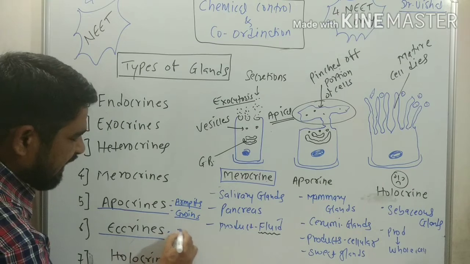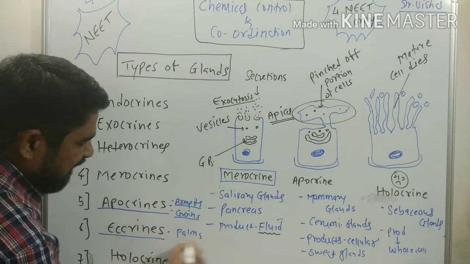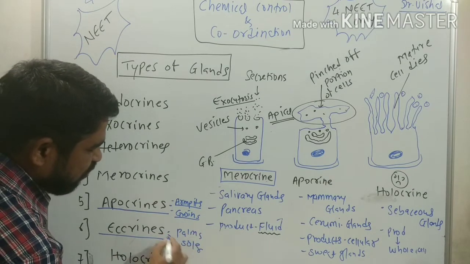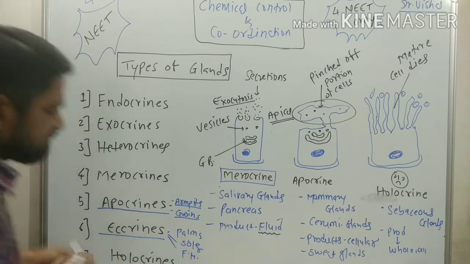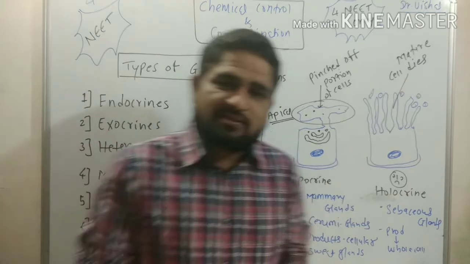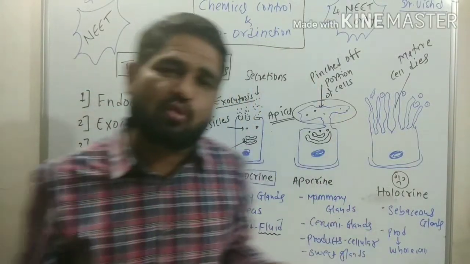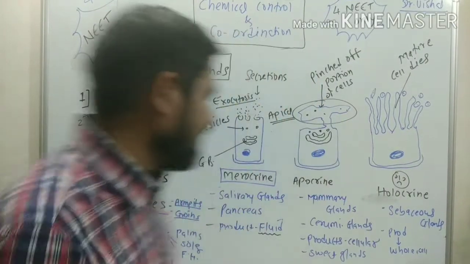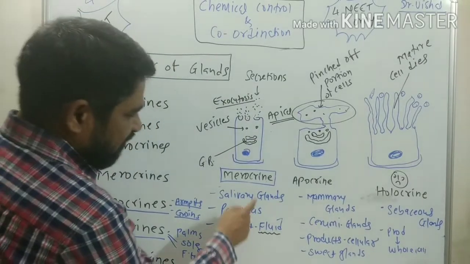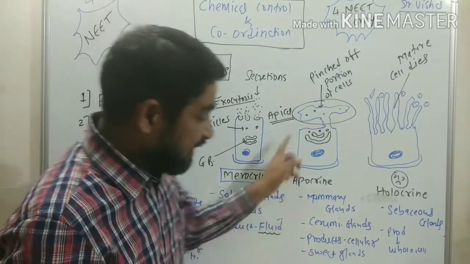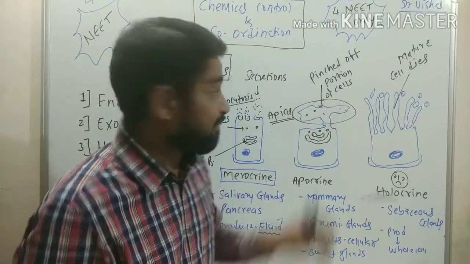But the ecrine glands are common in the palms, the soles, and the forehead region. The sweat glands present in palms, forehead, and soles are very numerous. Remember, the product of apocrine glands is cellular.